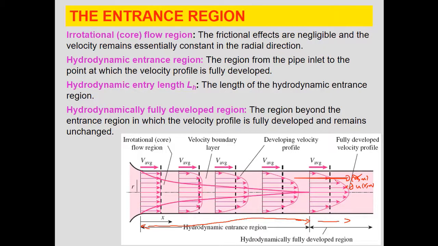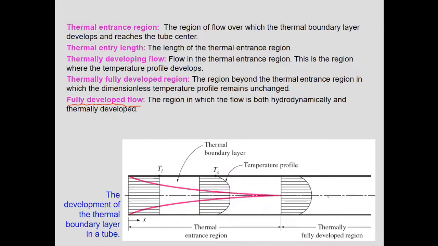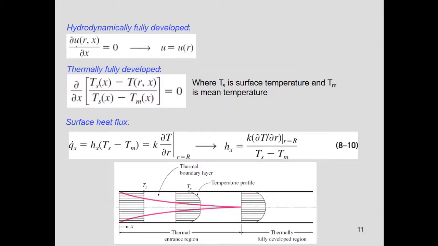This is x, and here is r. So ∂u(r,x)/∂x: in this, x is not changing. So the meaning of this is that the profile of the velocity is not changing, and this derivative will be 0.